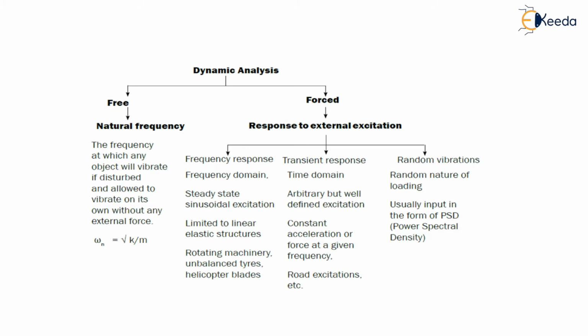That is called the natural frequency of the object, and it is defined as Wn equals root of k by m, where m is the mass and k is the stiffness. Wn is the frequency in radians per second.